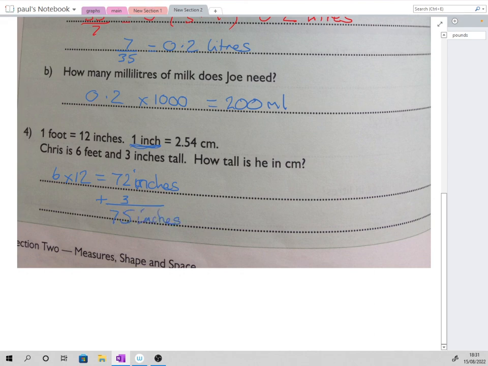Now I need to convert that into centimeters by multiplying it by this number. So 75 times 2.54 equals 190.5 centimeters.